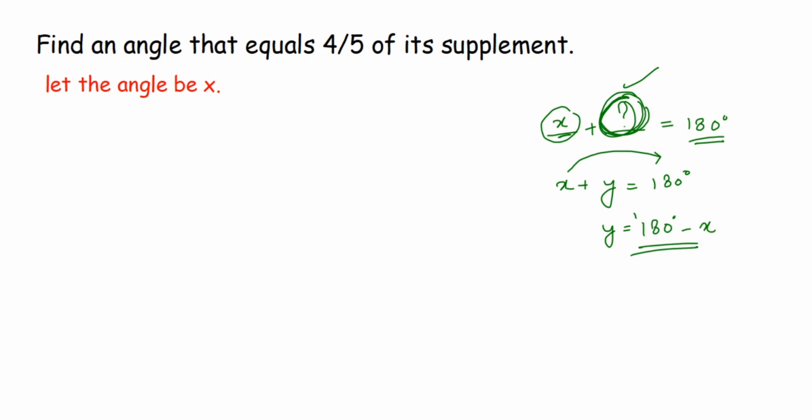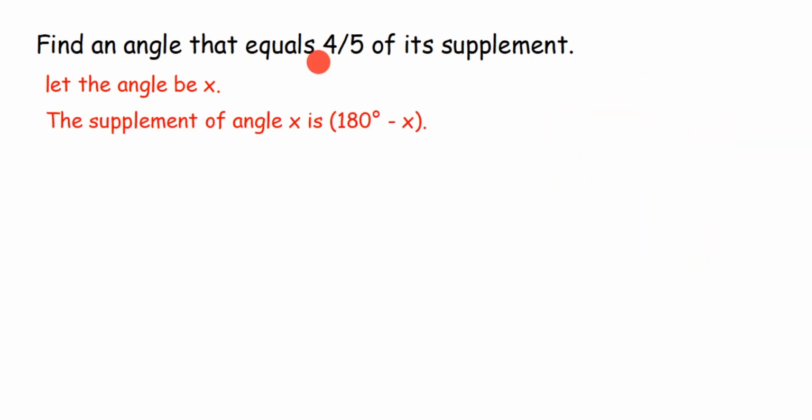Now I know what the angle and the supplement are. Using this, I have to frame the equation, using the relation given in the question. Find an angle. We know the angle is x, and that equals 4/5 of its supplement.